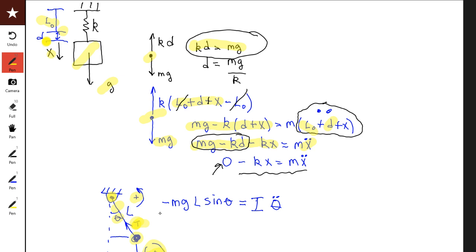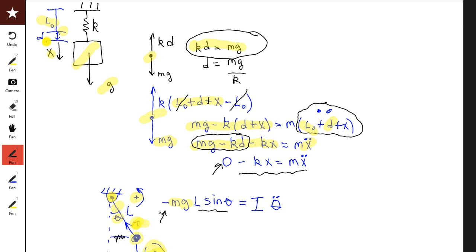It's equal to the magnitude of the force times the perpendicular distance, which is the moment arm. So this is the perpendicular distance. It's this distance right here. So that is the moment. And because the moment's producing a negative, you have a negative sign in front.